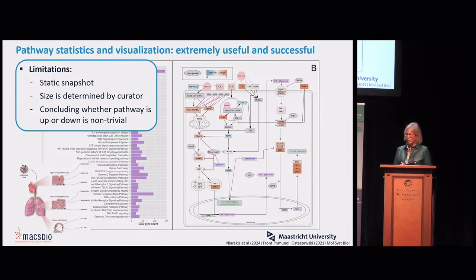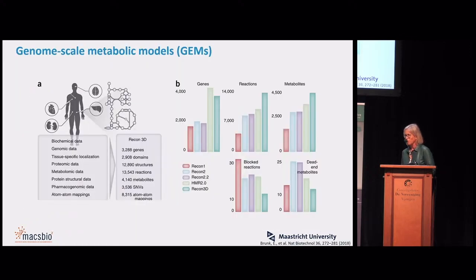And finally, it is not trivial to conclude whether an entire pathway is up or down, so whether the net effect of up and down regulation of a number of genes in this pathway results in a net activation or deactivation of that particular pathway. And that is the reason why we have now, for a couple of years, been trying to use so-called genome-scale metabolic models.